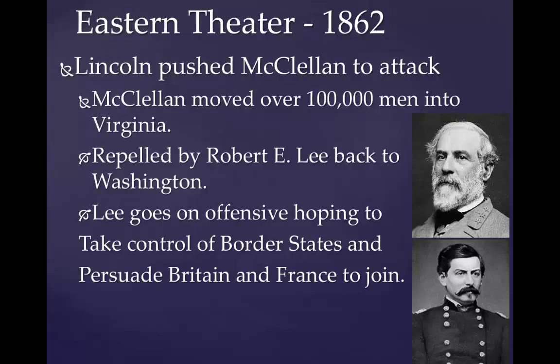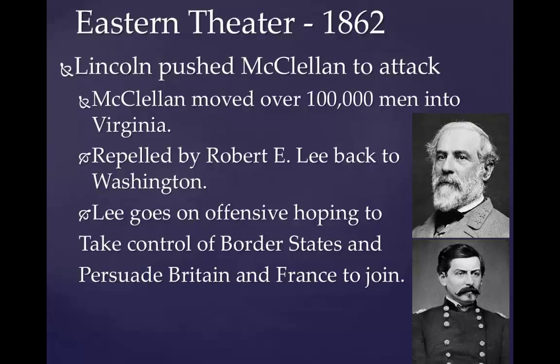With Lincoln pushing him, McClellan does make a move into Virginia with about 100,000 men, and ultimately Robert E. Lee, who's the main commander of the Confederate Army, pushes this Army of the Potomac back towards Washington, D.C., and from there, Lee is going to go on the offensive.